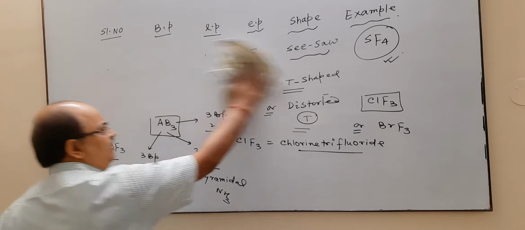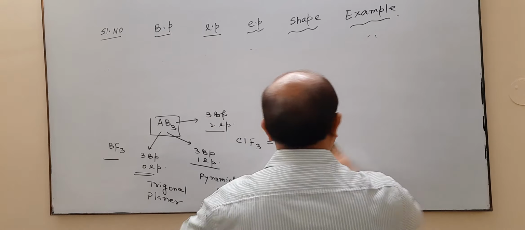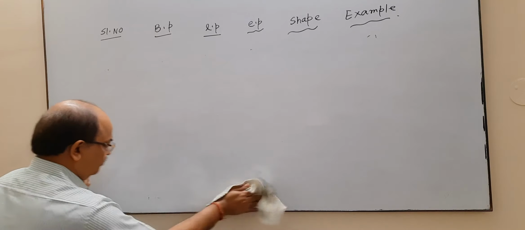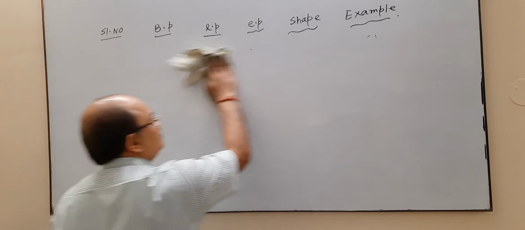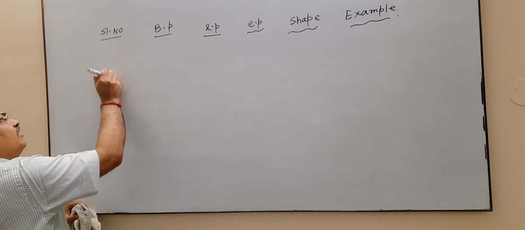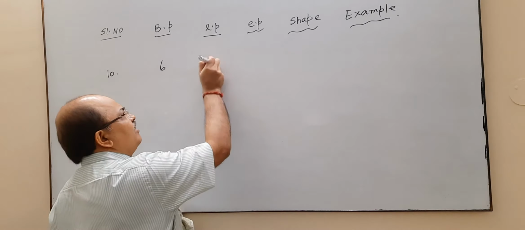Now the 10th, serial number 10th is bond pair 6, lone pair 0.